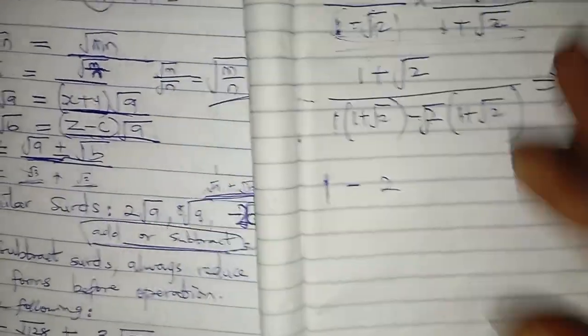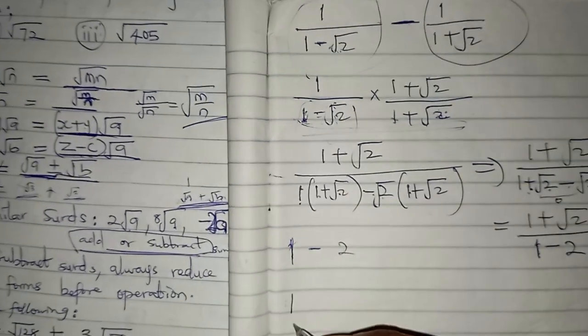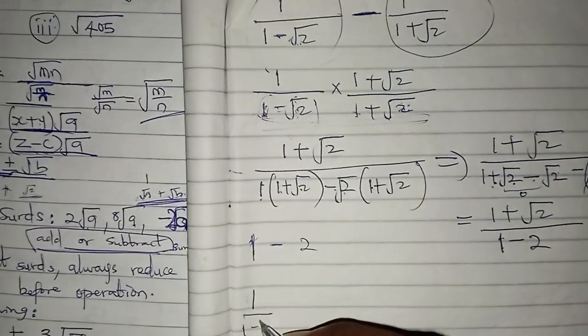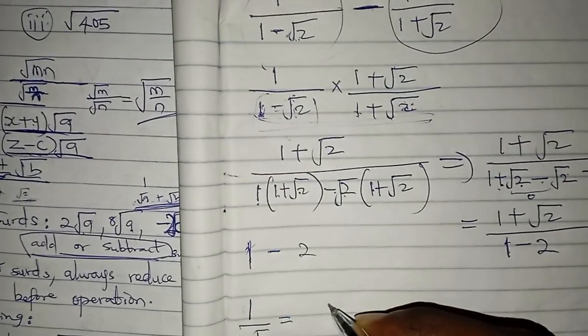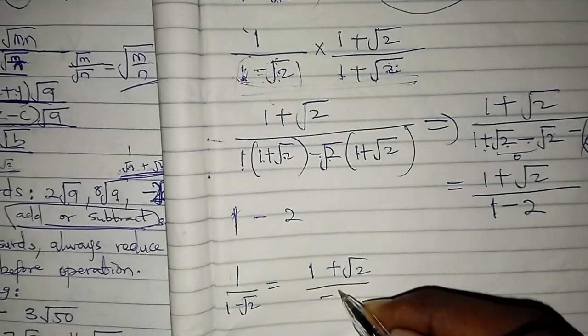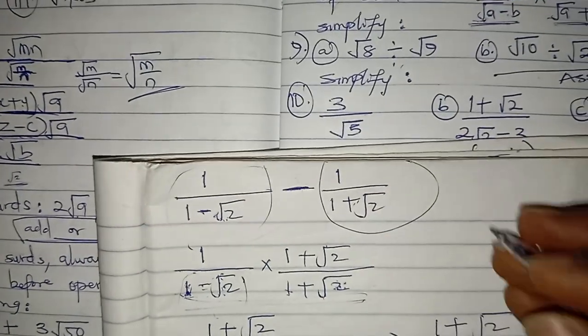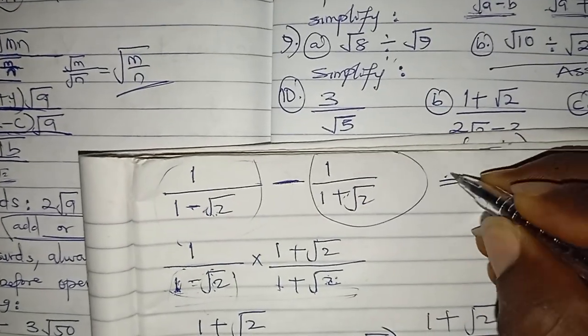So for this part, let me do it this way. I have 1 all over 1 minus root 2, giving me 1 plus root 2 over minus 1. Let me try to solve for this part before I come and subtract.